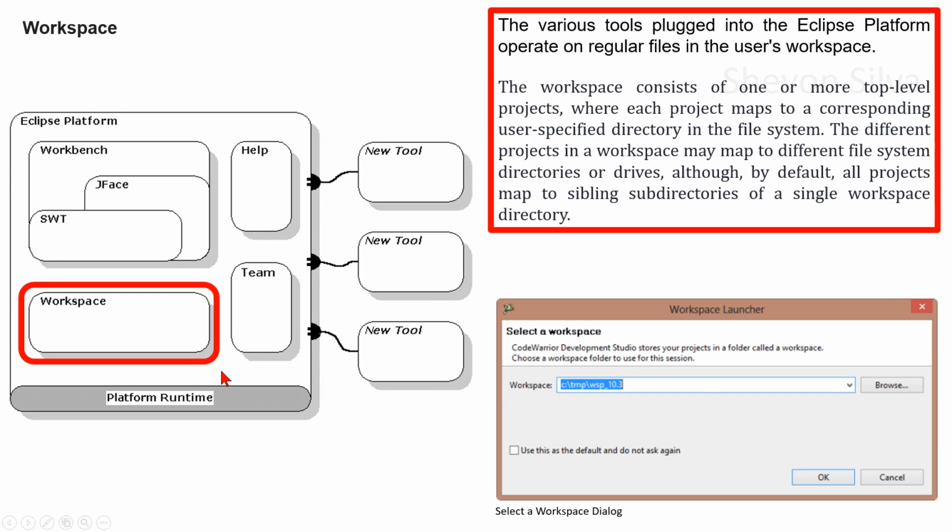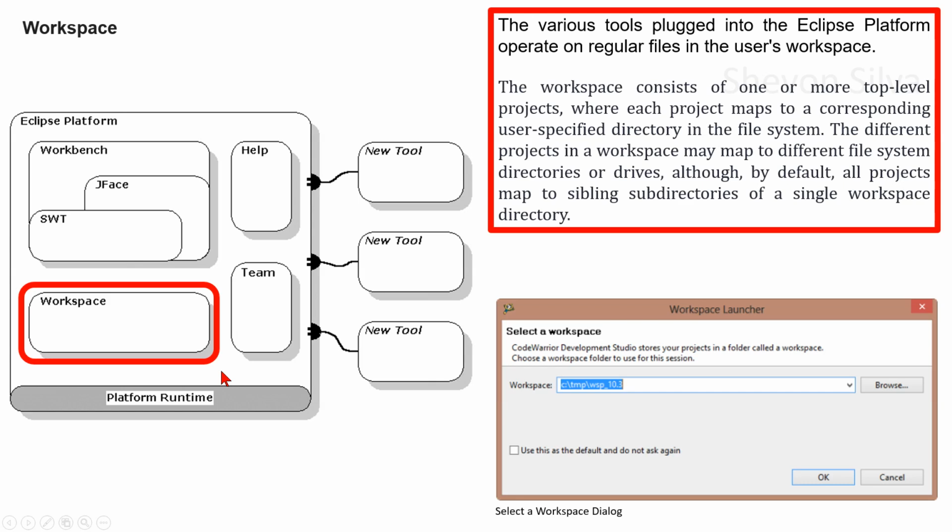Now we are focusing on workspace. The various tools plugged into the Eclipse platform operate on regular files in the user's workspace. The workspace consists of one or more top-level projects, where each project maps to a corresponding user-specified directory in the file system.